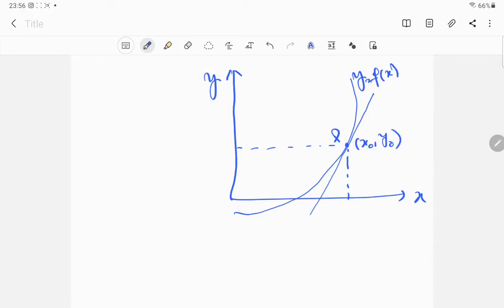Now the tangent cuts at this point Q, which is (x1, y1). Then at this point you need to draw another tangent like this. Now it cuts at this point, and so on. You can understand that the point is coming closer and closer to the x-axis.